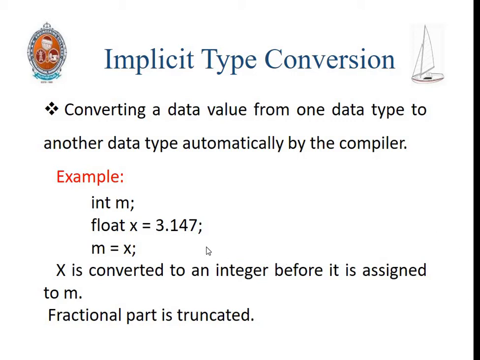Here I have taken one example: int m, and float x = 3.147, and here you are assigning the value of x to m, where x is a float value and m is an integer variable. Here x is converted to an integer before it is assigned to m. Here the fractional part is truncated.